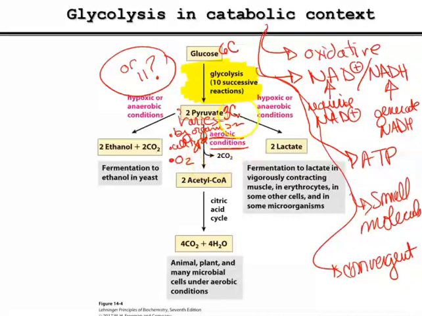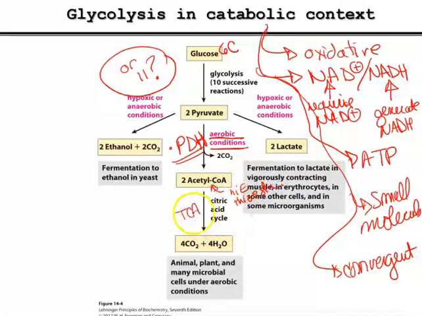And the enzyme that does that is pyruvate dehydrogenase complex. So I'm going to put PDH here, and we're going to focus on that. So again, just quickly right here. Pyruvate dehydrogenase complex transforms pyruvate through decarboxylation to acetyl-CoA, which has a high energy thioester bond. And acetyl-CoA flows into the citric acid cycle. So TCA, CAC, Krebs.